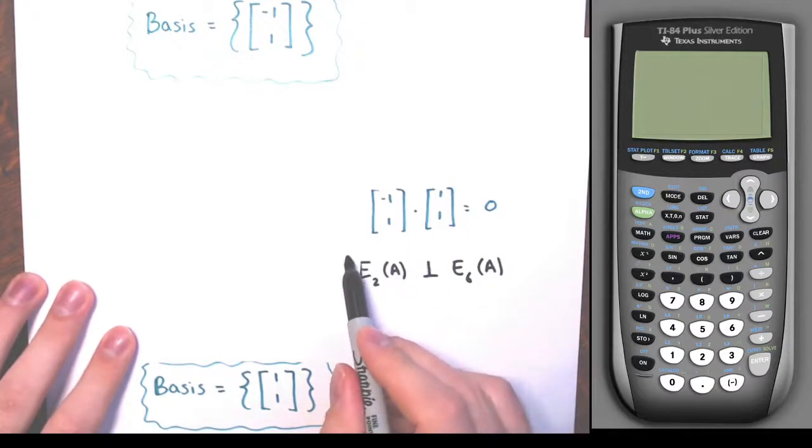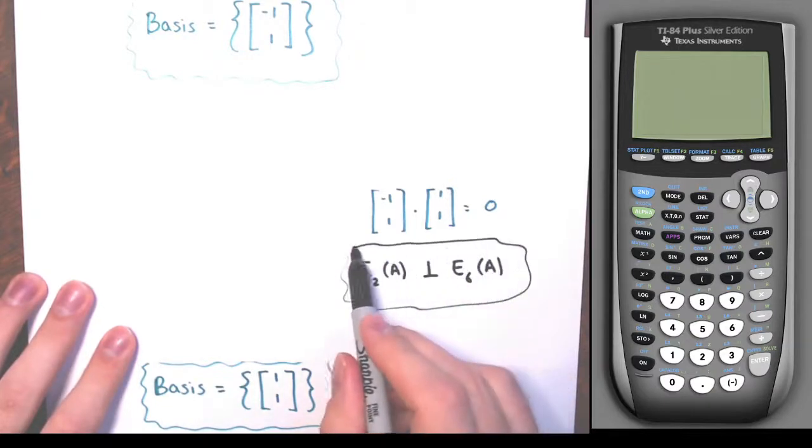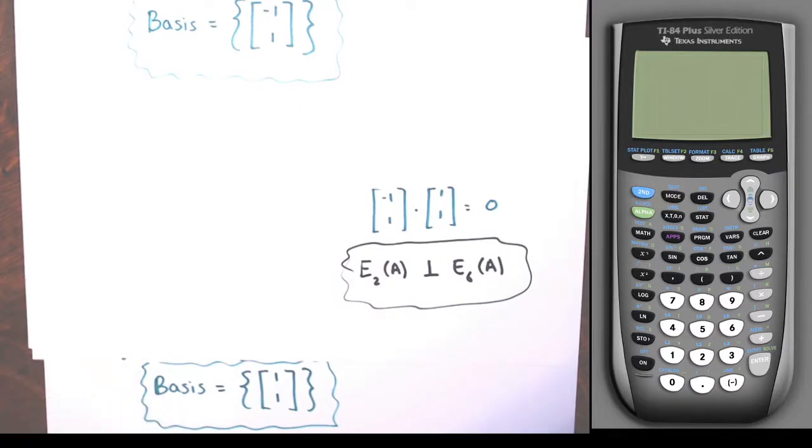And this was something that was stated in that spectral theorem: the eigenspaces corresponding to different eigenvalues will be orthogonal spaces. Every vector in one and every vector in the other will be orthogonal. So that was step 1, finding a basis for each eigenspace of matrix A.